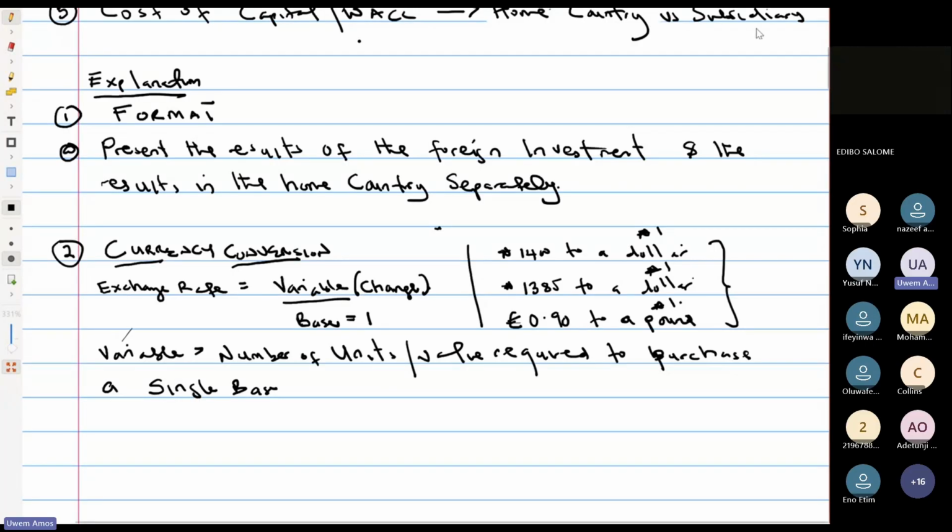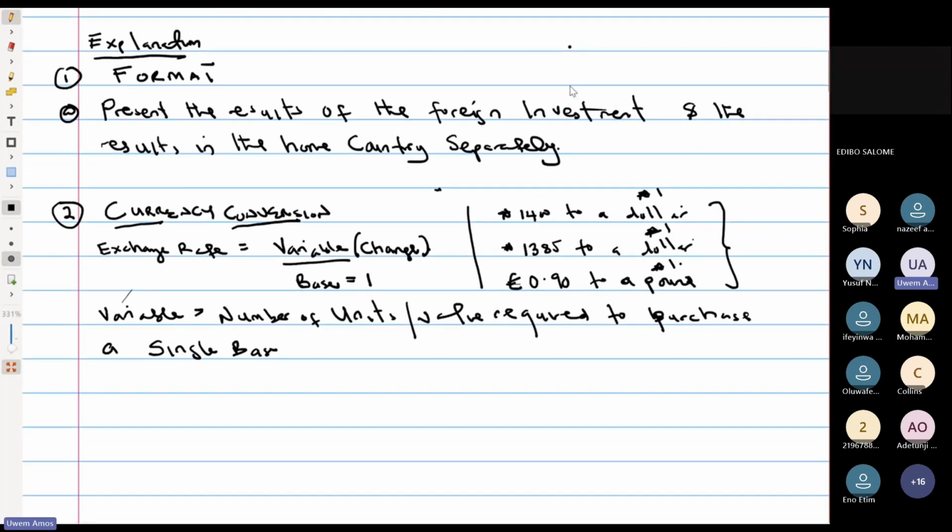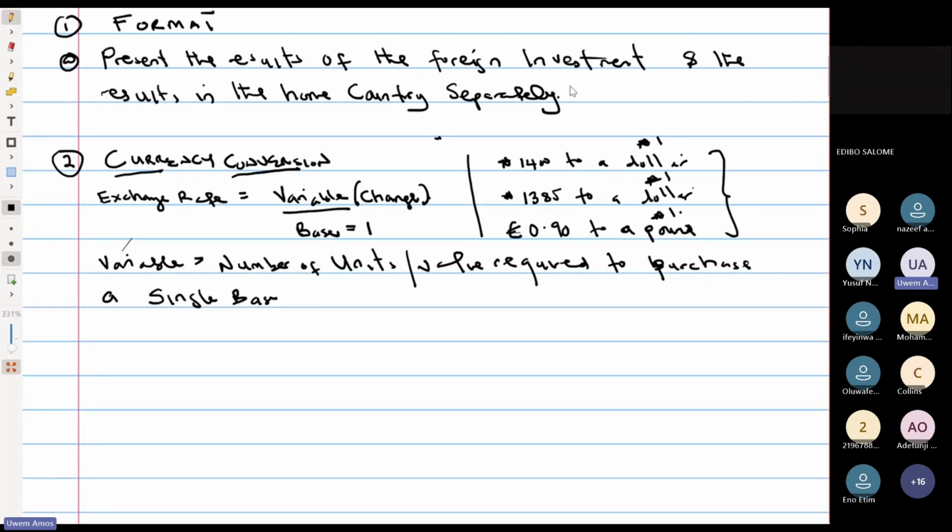Now let's go to what the rule is on conversion. Now that you know that every currency is variable against base, and you also know how to identify a variable and how to identify a base, what is the rule?